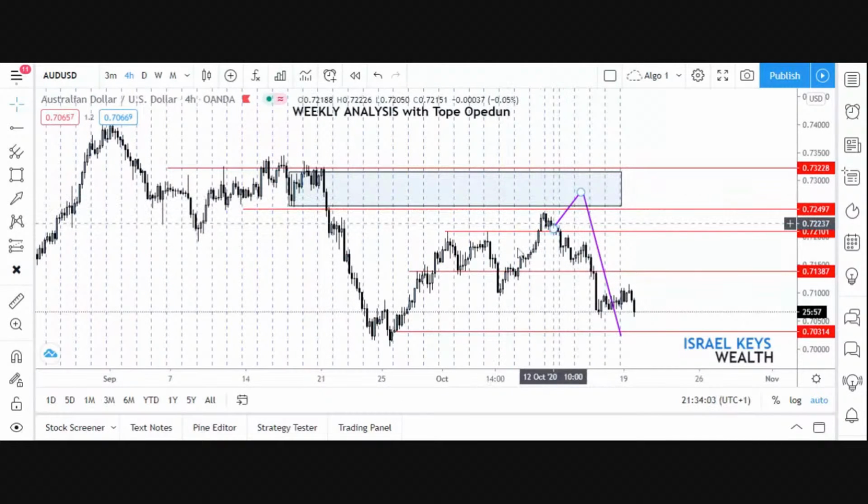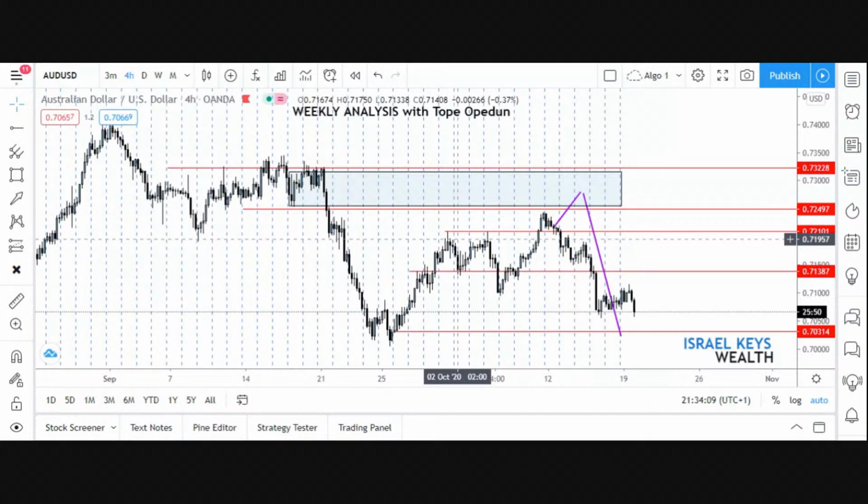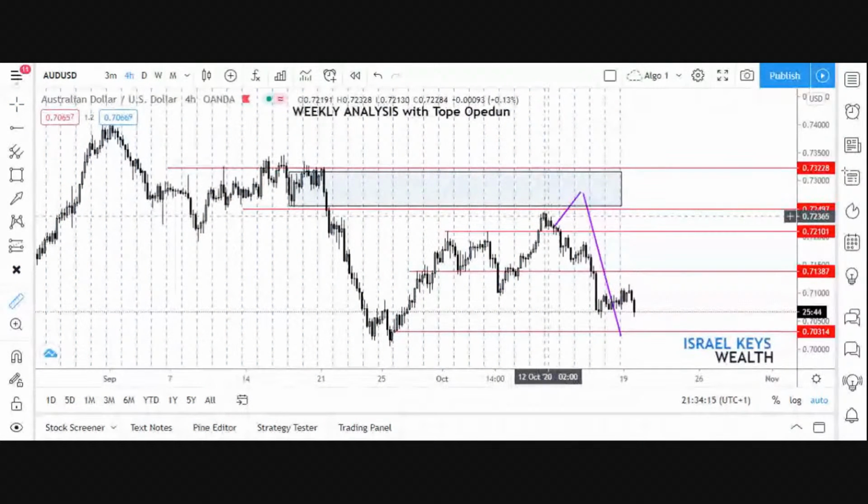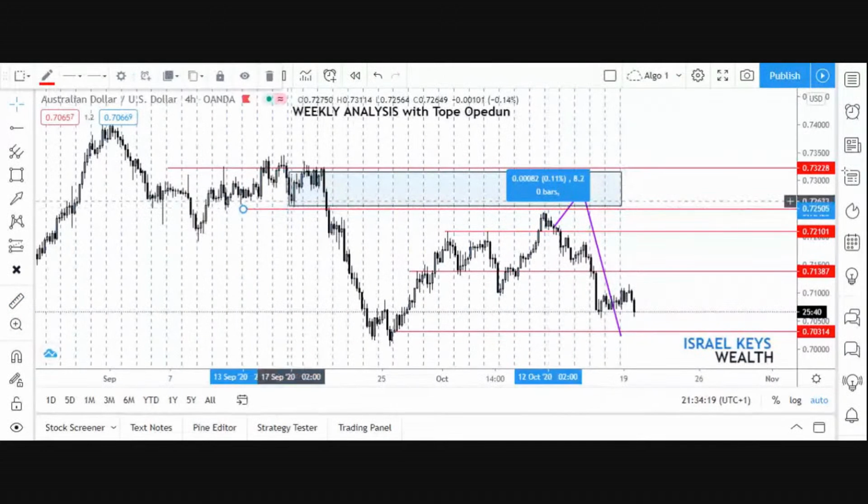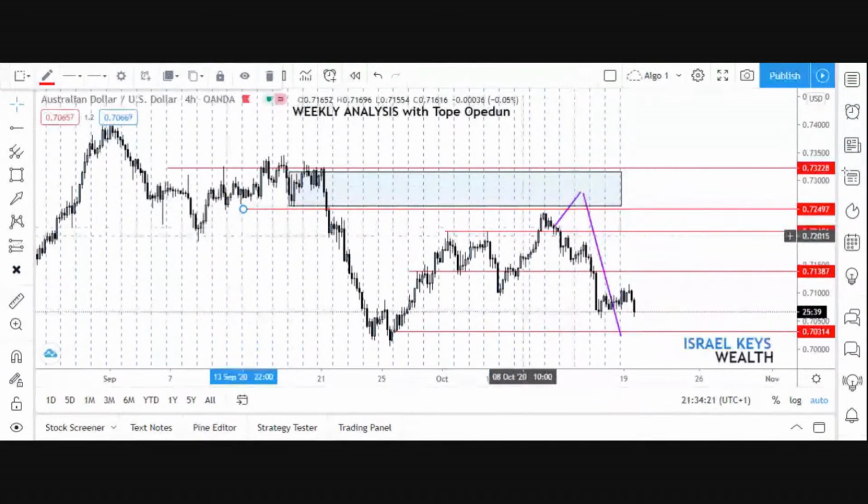We're expecting price to come to this level and then drop. So it came around that range, shy by I think a few pips, 8 pips, and then it's dropping.